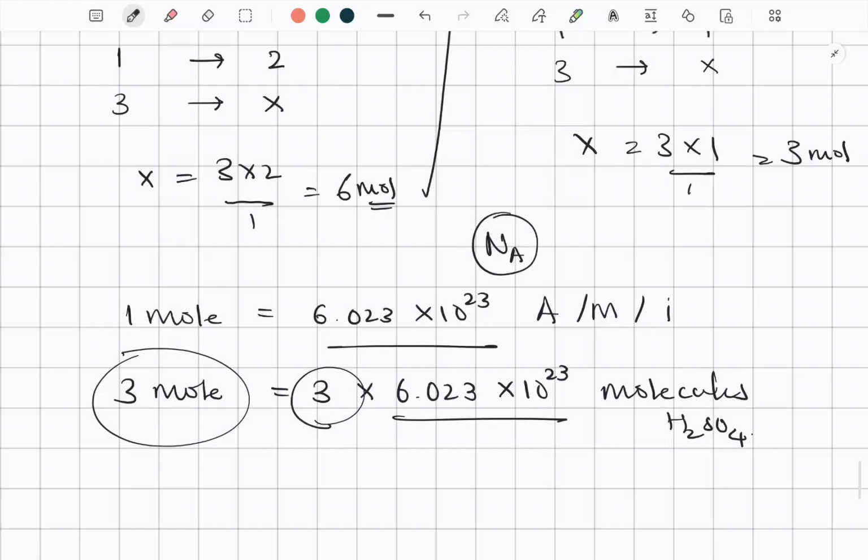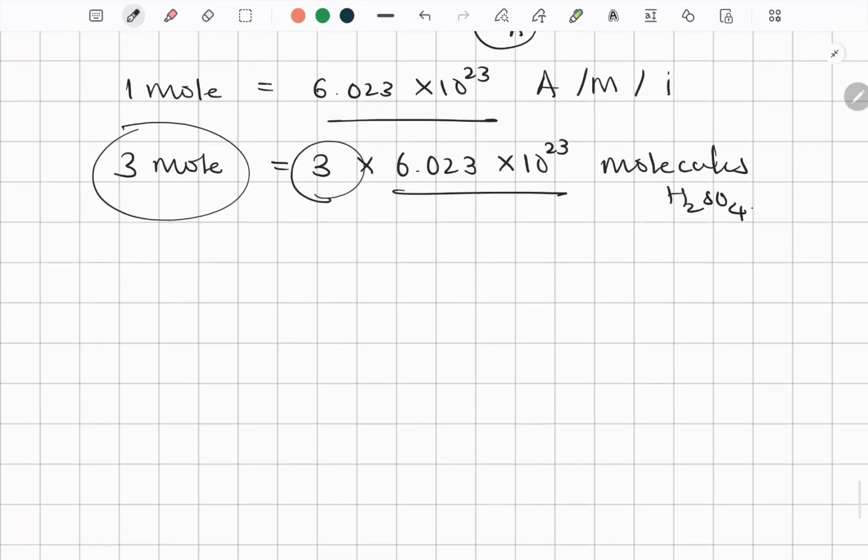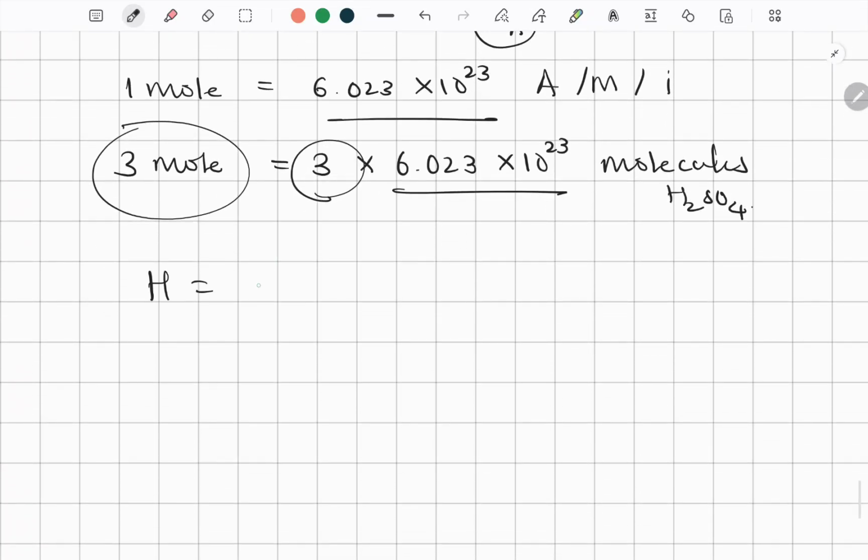If they ask how many hydrogen atoms are present in 6 moles of H plus, then it's very simple: 6 into 6.023 into 10 raised to 23.